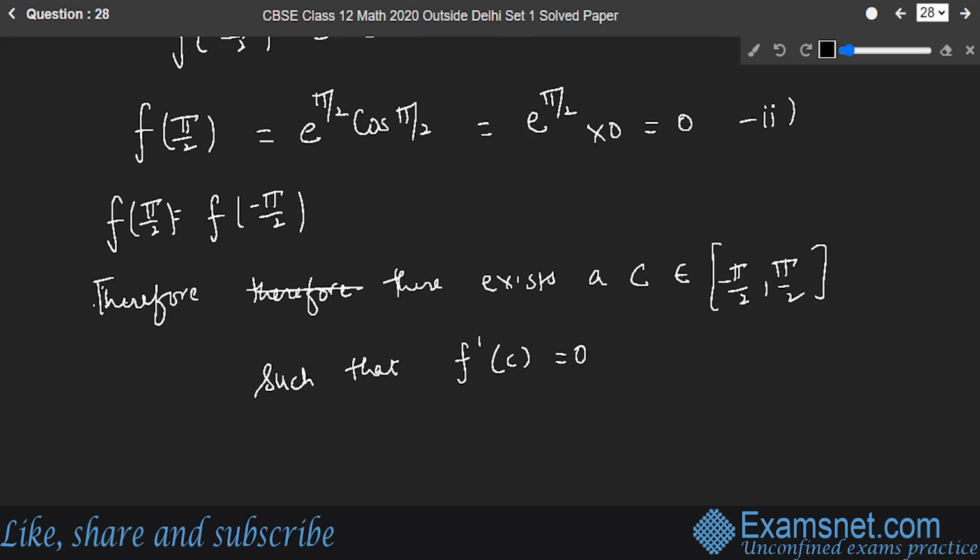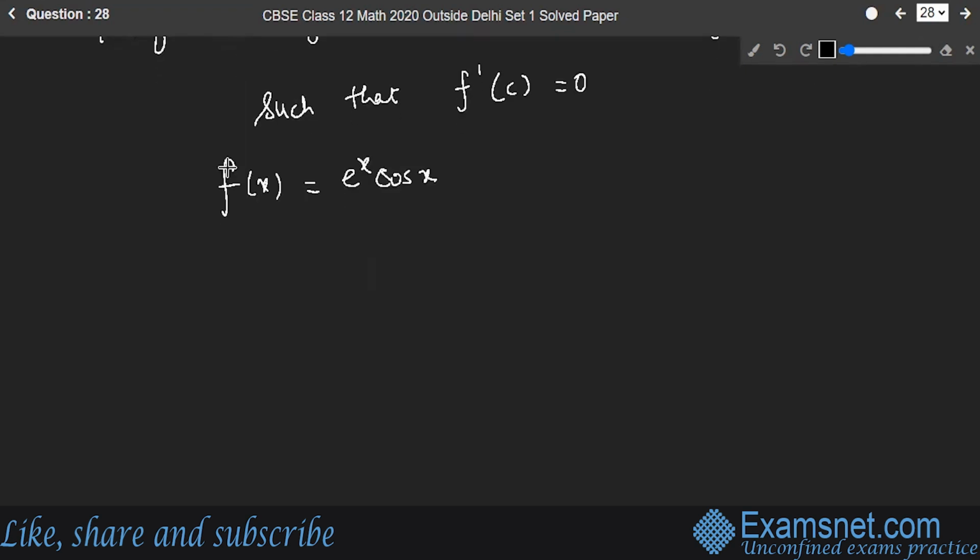Now let's find out the derivative of this function. The function was e raised to power x cos of x. So the derivative will be equal to first function into derivative of second plus second function into derivative of first.